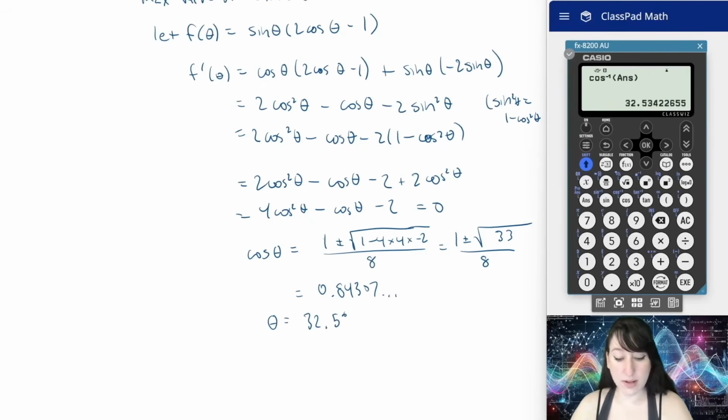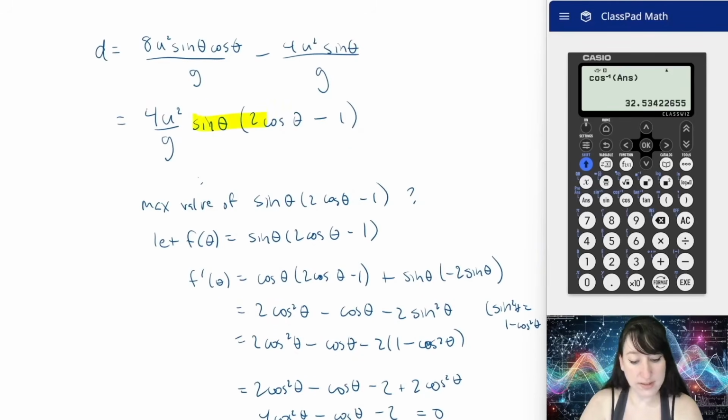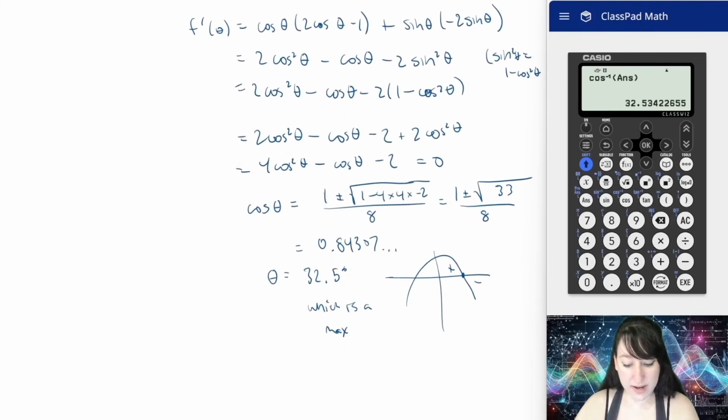Now, I'm ignoring the minus part of the plus or minus because we are just dealing with angles from 0 to pi over 2, and I don't need obtuse angles here. The sine theta times 2 cosine theta minus 1 is maximized when theta is 32.5 degrees.